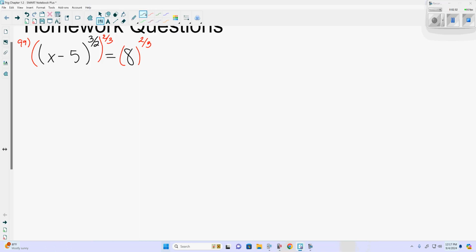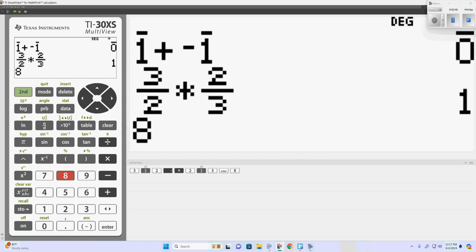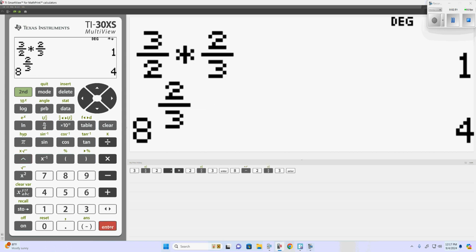So the left side would become x minus 5. Now on the right-hand side, we have 8 to the 2/3. Eight to the 2/3 is 4.